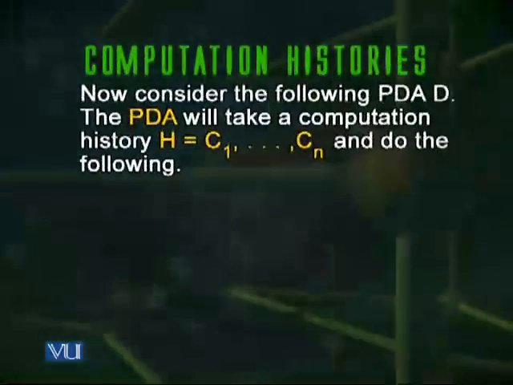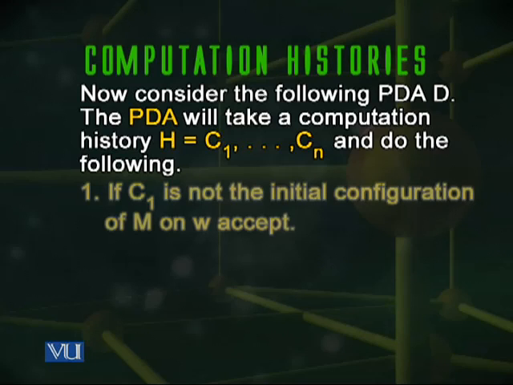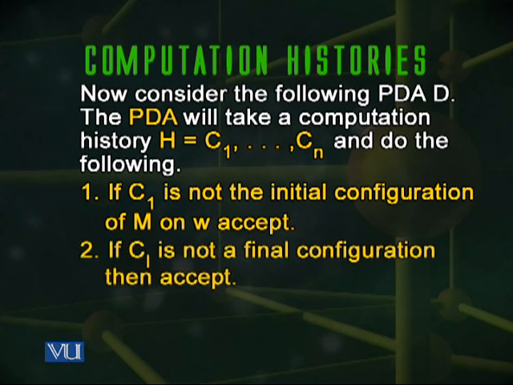Now let's look at the description of this PDA. The PDA will take a computation history encoded as we have said, and it would accept if C1 does not happen to be the initial configuration of M on W. It would also accept if CL is not a final configuration.